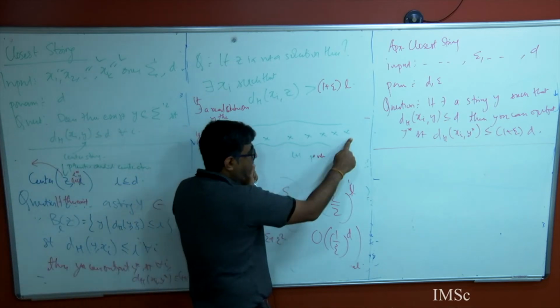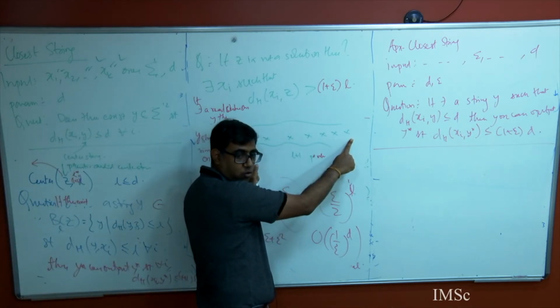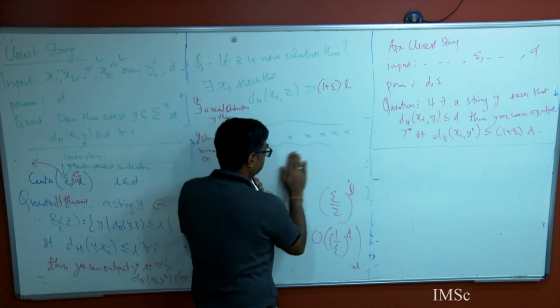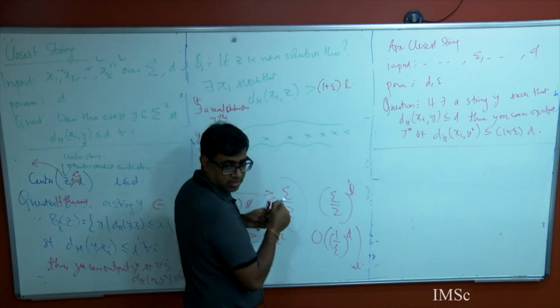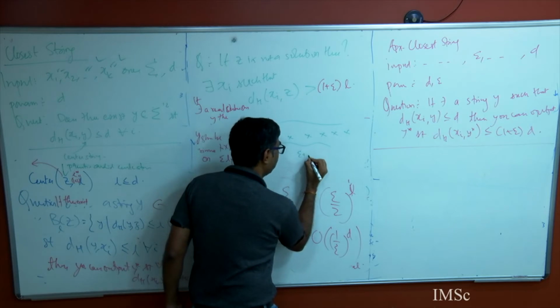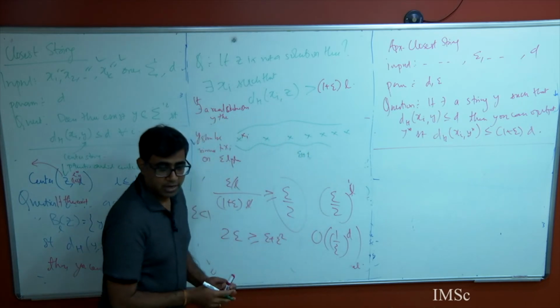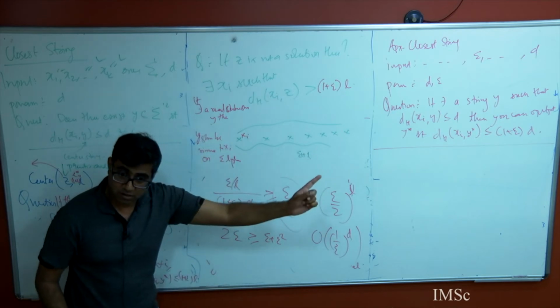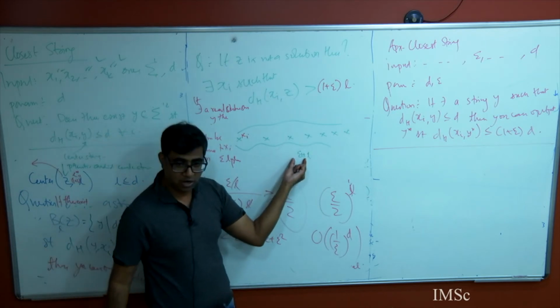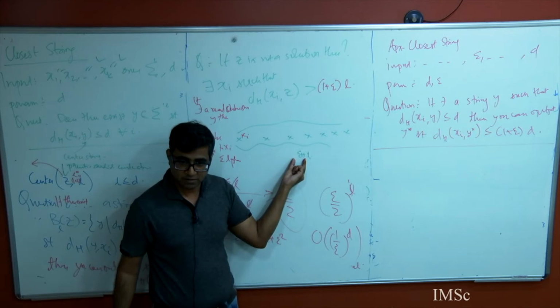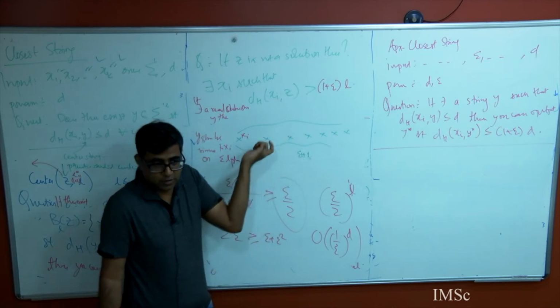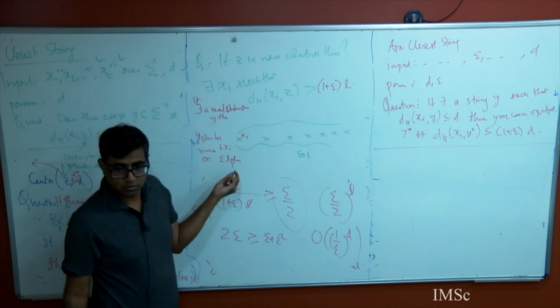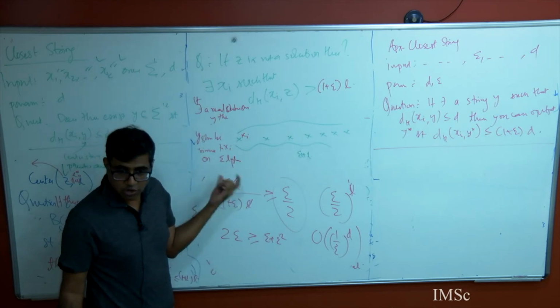Now this string differs from this at how many places? 1 plus epsilon L places. Z differs from this at epsilon L plus L places. It means that the real string has to be equal at epsilon L of these places with Z. So then this is why I flip. Not equal with xi then, equal with Z. No, equal with xi.